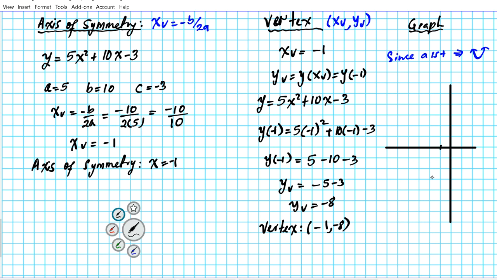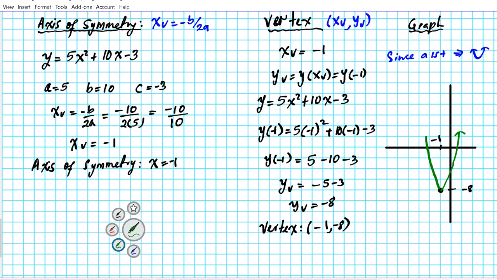So let's sketch that. So -1, and then -8, 2, 4, 6, 8. Let's just go by 2's. So our vertex, -1, -8, is somewhere here. So we just draw in our quadratic function. Our parabola looks something like this. Oh man, let's draw it again.